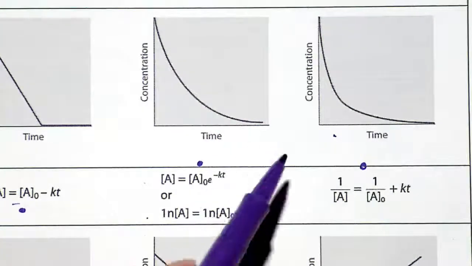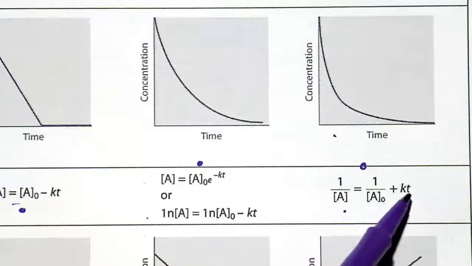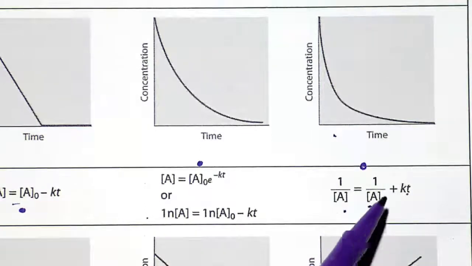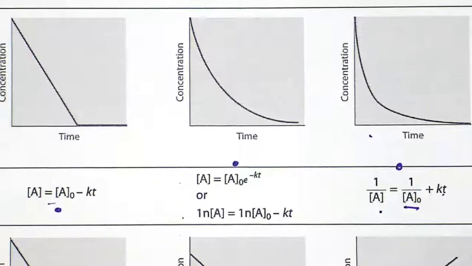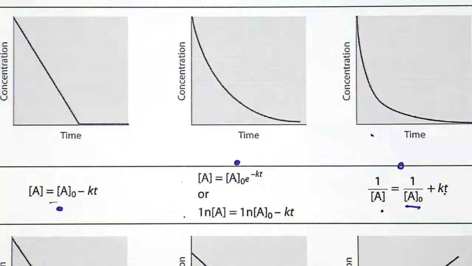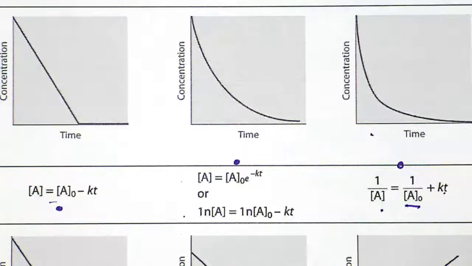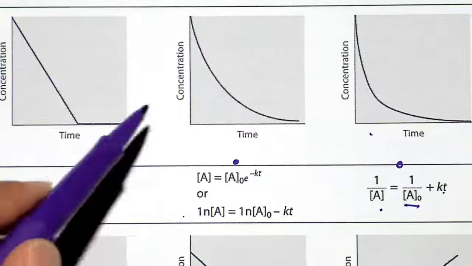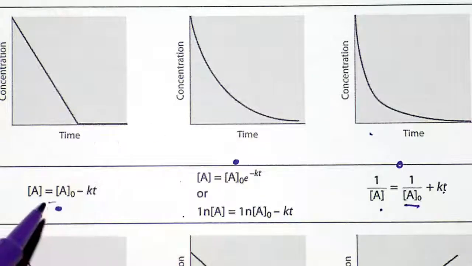And then finally you can figure out the concentration at some time t, provided you know the initial concentration. All of these equations are specific for zero order, first order, and second order, and they are a good consultation tool for you to use on the exam. Obviously we need to know the rate constant.